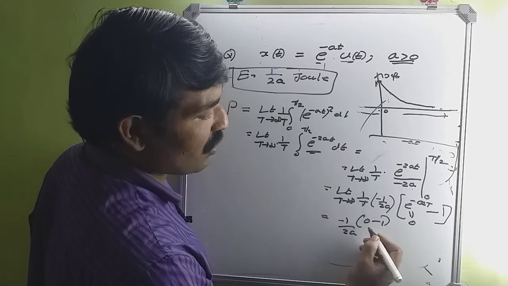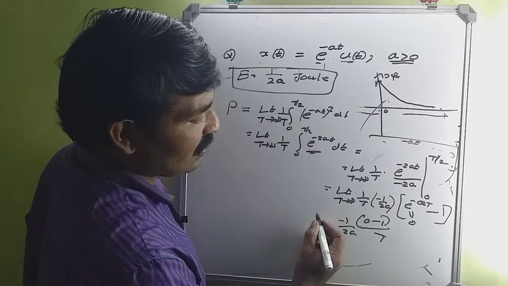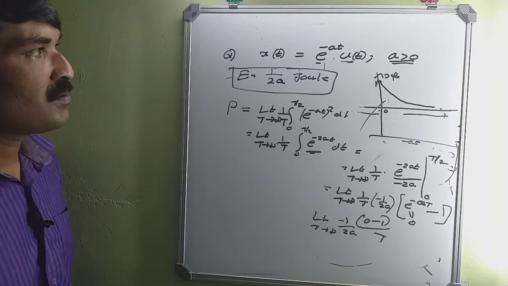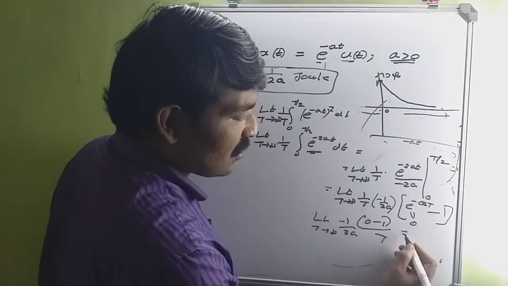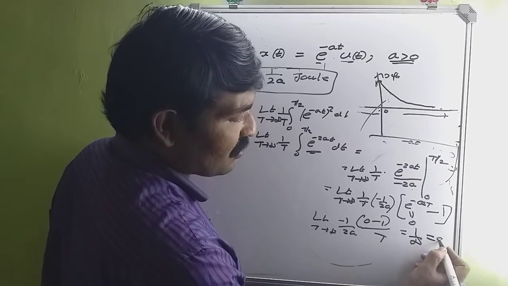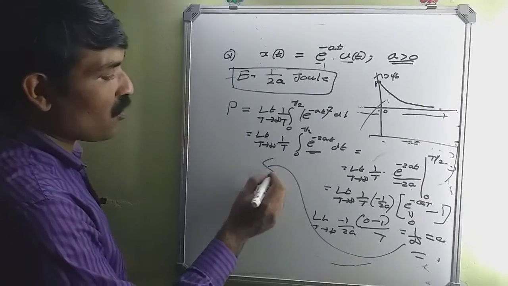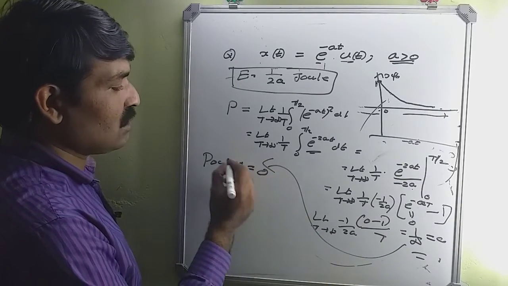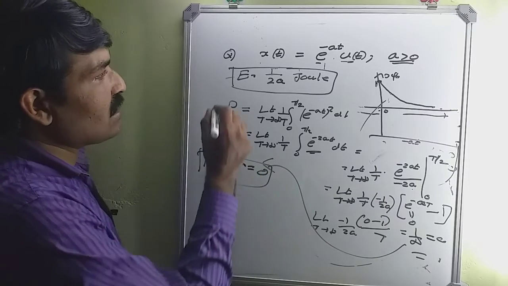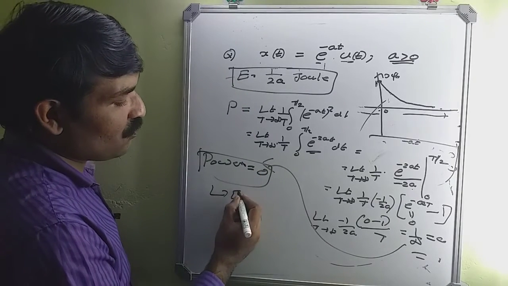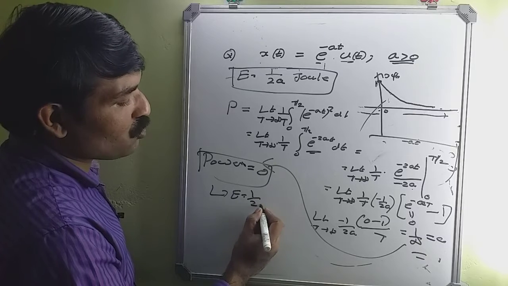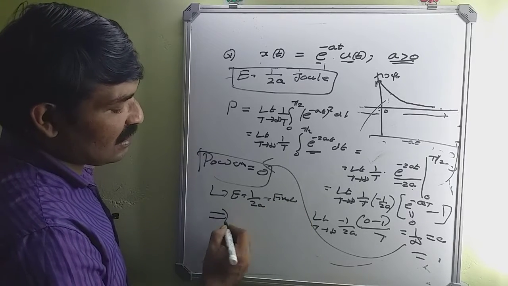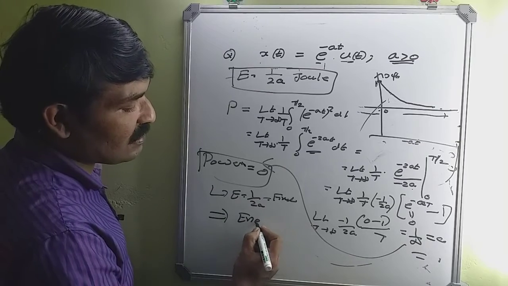Then 0 minus 1 by t, and limit t tends to infinity, that means 1 by infinity is equal to 0. That means the power of the signal is equal to 0 and energy is equal to 1 by 2a, that is finite. This implies the signal is an energy signal.